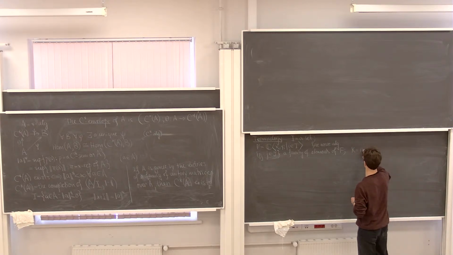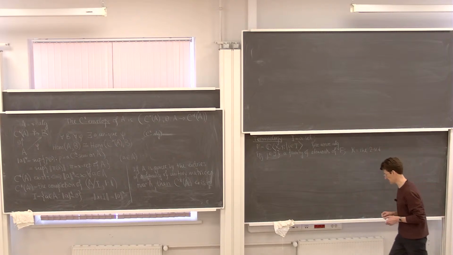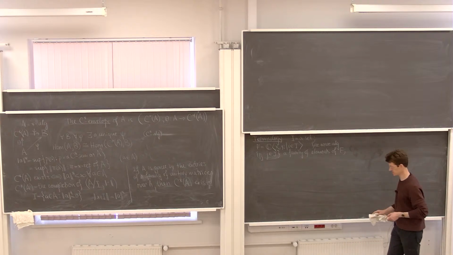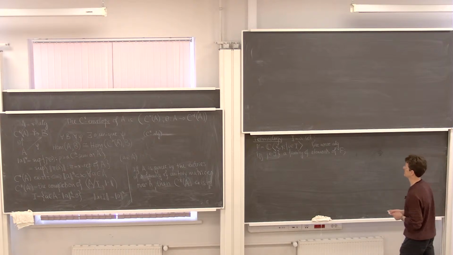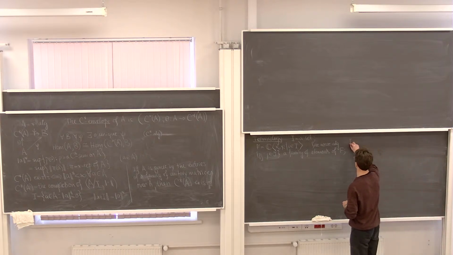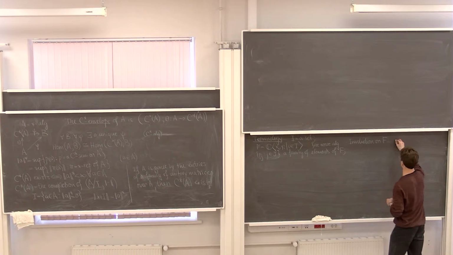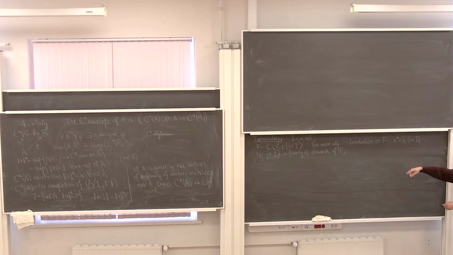And let K denote the two-sided star ideal. Oh, sorry, I forgot to define the involution. Before speaking of star ideals, we must define an involution on F. The involution on F is uniquely determined by the following relation: x_i star equals y_i. It's a simple exercise to show that this rule uniquely extends.